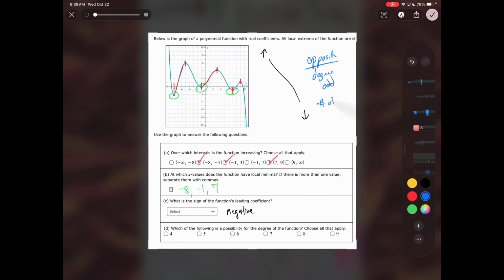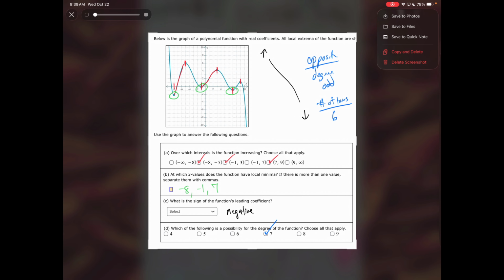The number of turns would be 1, 2, 3, 4, 5, 6. It changes direction 6 times. So it's definitely 7. I'm scared it could be 9 also, but I'm pretty sure it's 7.